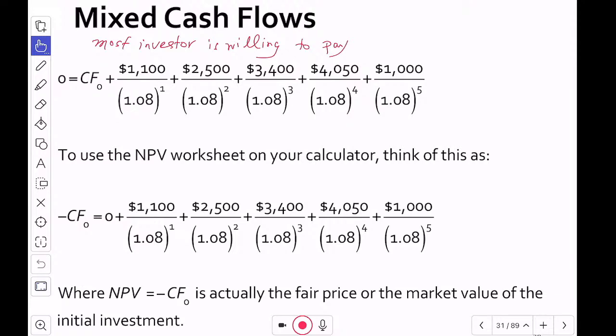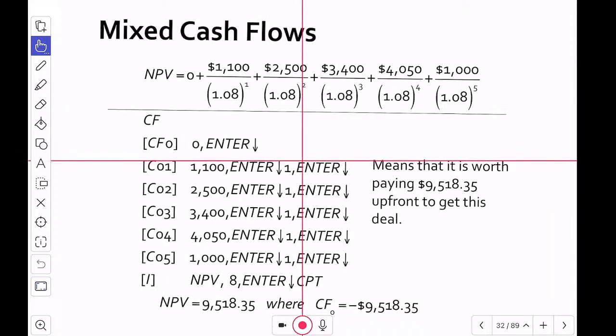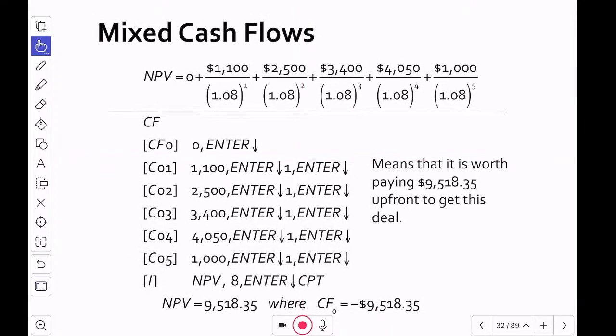Okay, so let's enter this into the calculator just like we did before, and you get this answer. Let me give you a moment to do that.